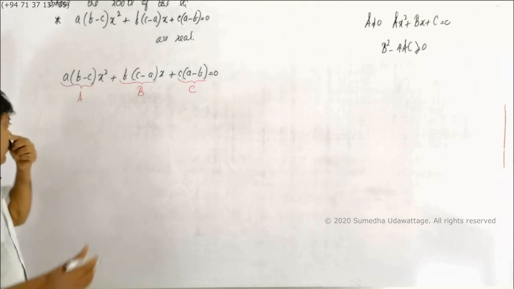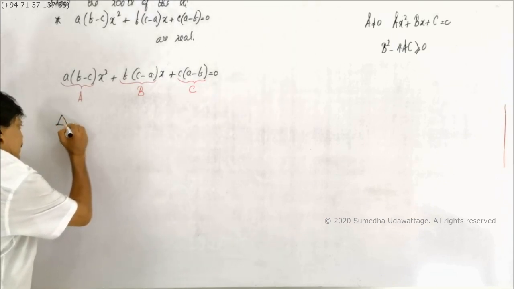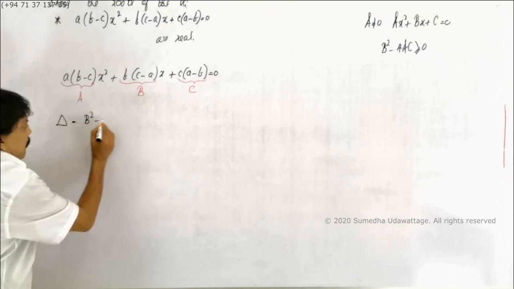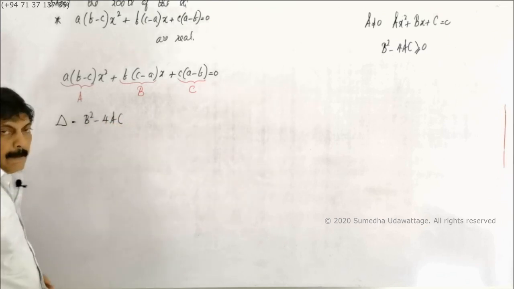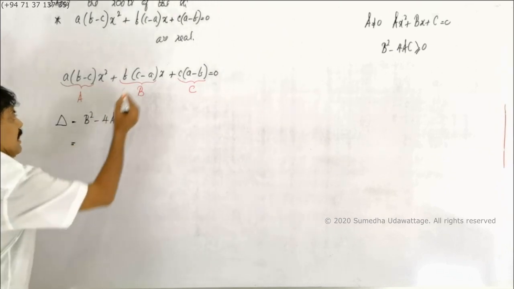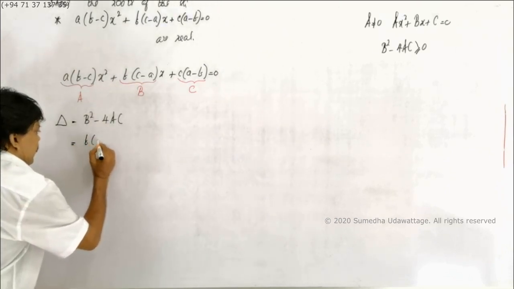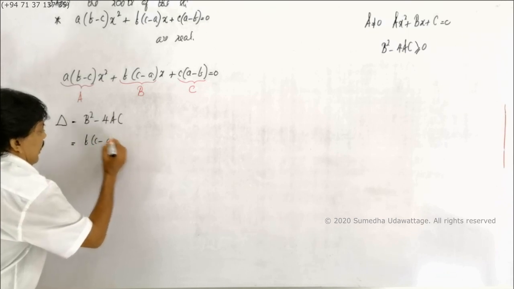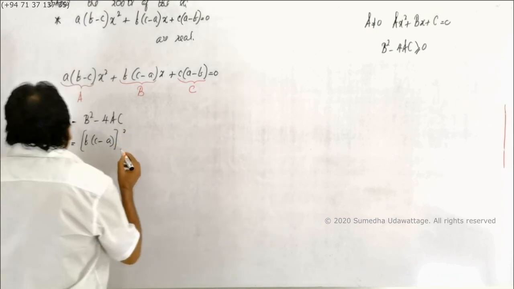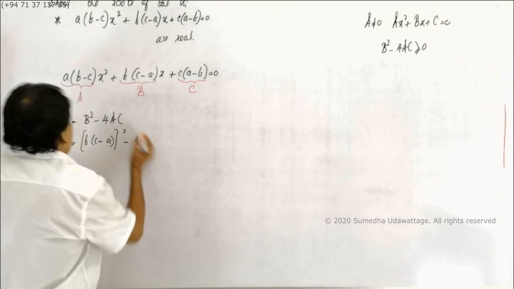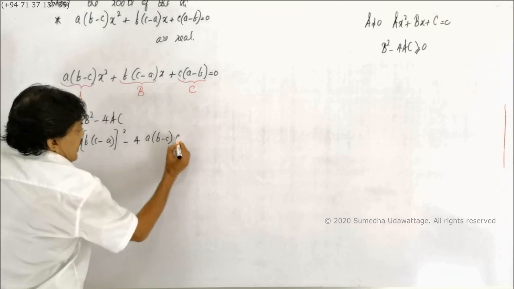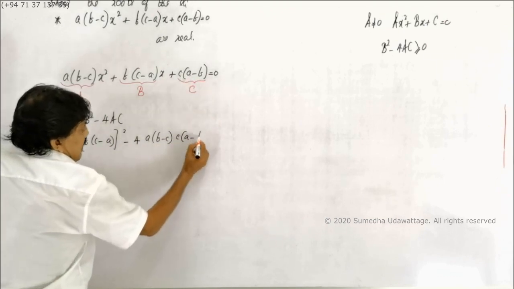Now we've got to take the discriminant, b square minus 4ac. B would be this value, b times c minus a, and so b square minus 4ac, minus 4 times a, which is this a b minus c, and c, which is this value c a minus b.